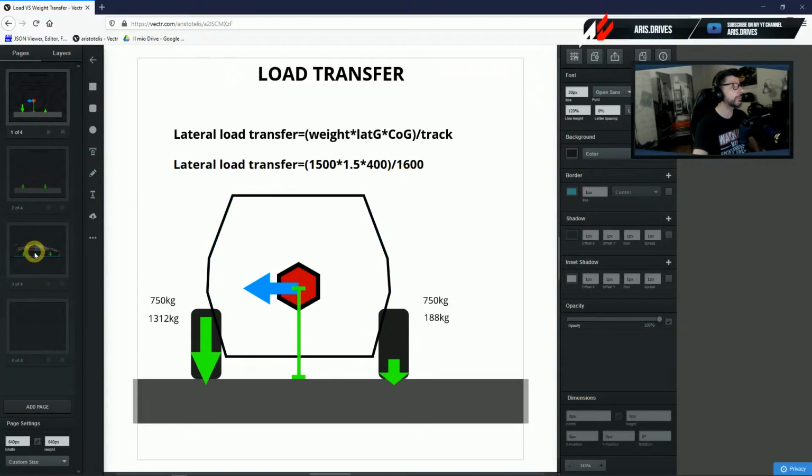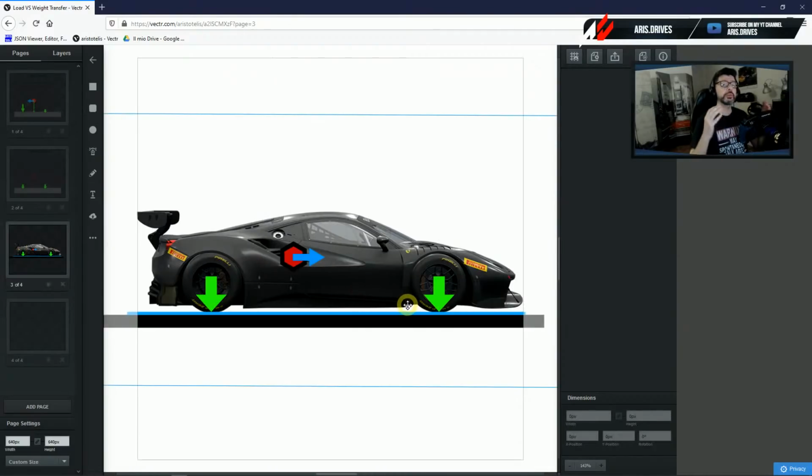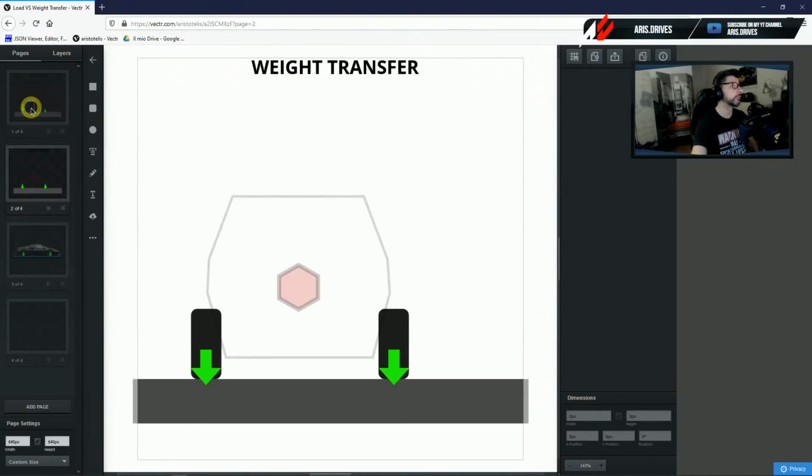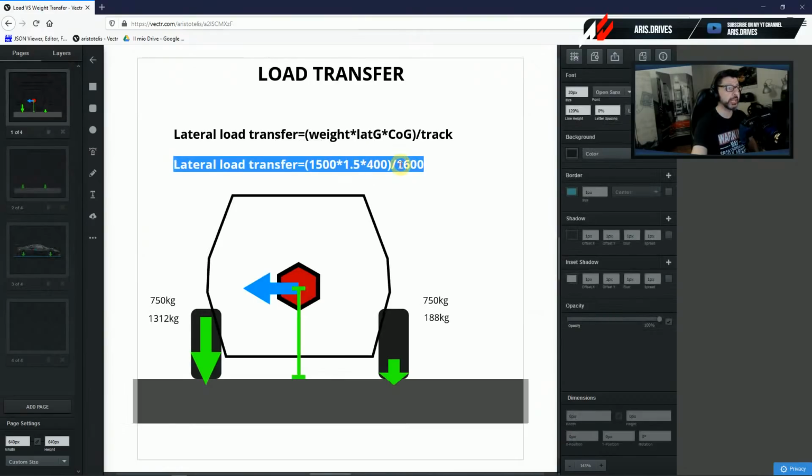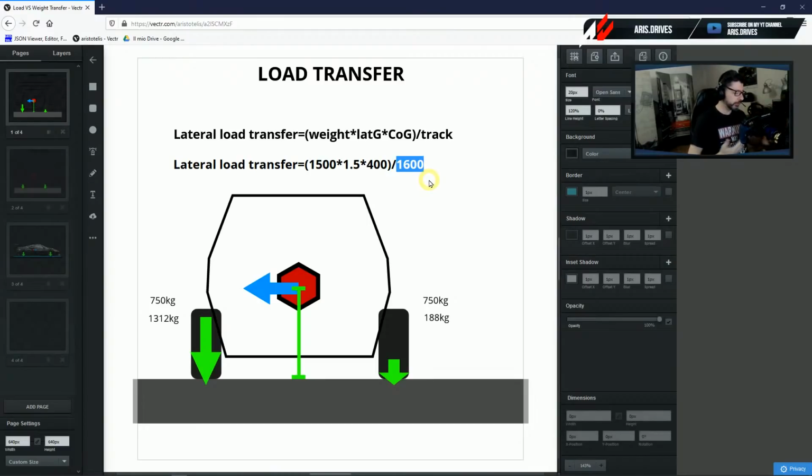And that also happens in the same exact way with the wheelbase. With the wheelbase, you have load transfer to the front when you are braking and to the rear under acceleration. Now, the shorter the wheelbase, as we said, the Porsche has a very short wheelbase, the shortest of all the cars, the higher the load transfer will be. Here you won't have the track width, because it's going to be longitudinal, you're going to have the wheelbase.